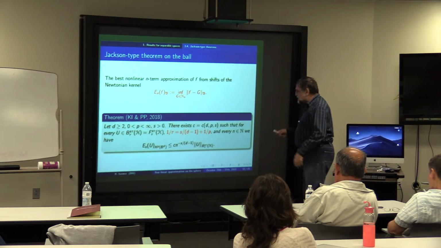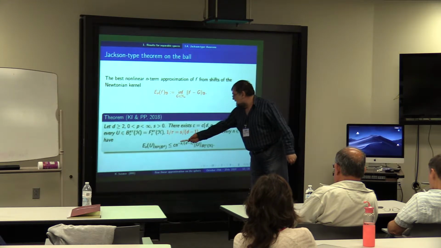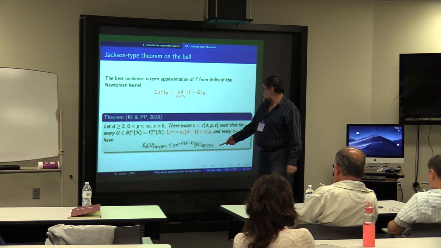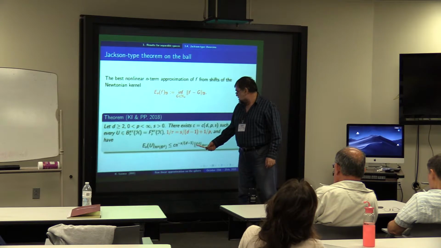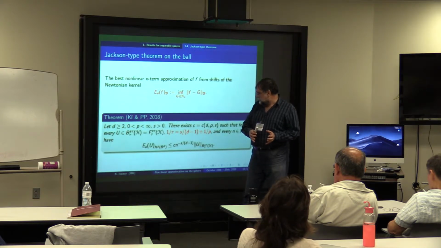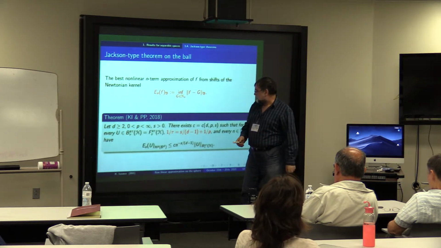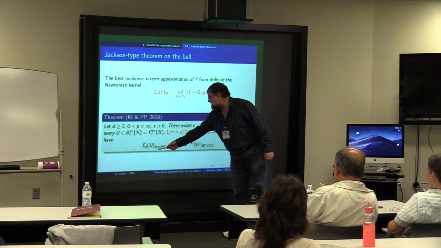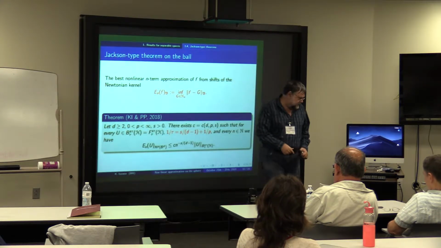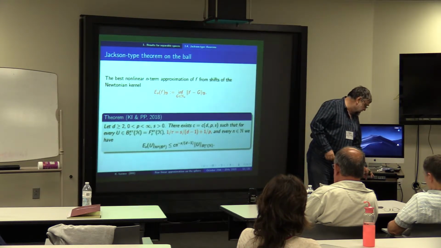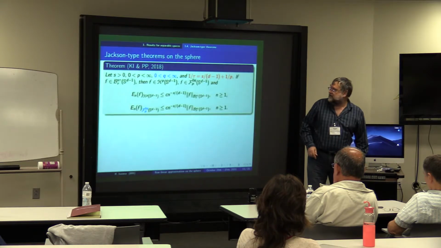So this is the standard Jackson type theorem for functions defined inside the unit circle, harmonic functions. This is the Hardy space here, for p between 0 and infinity, and counterparts on the sphere.